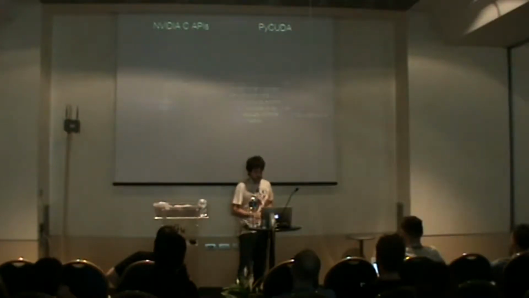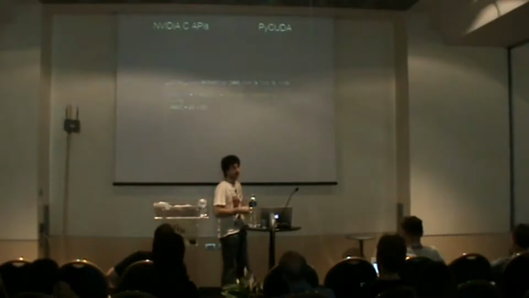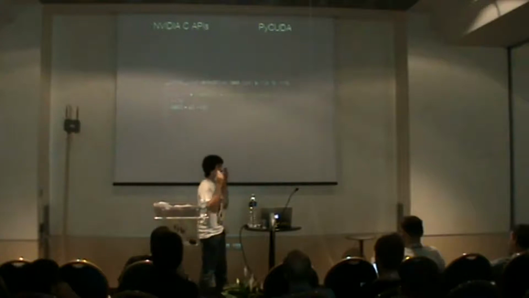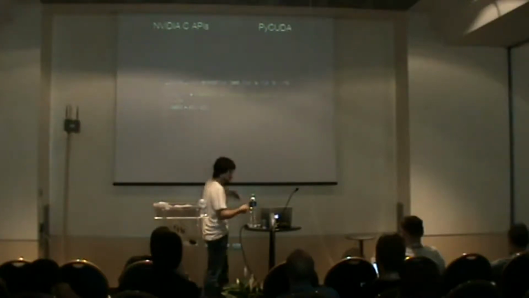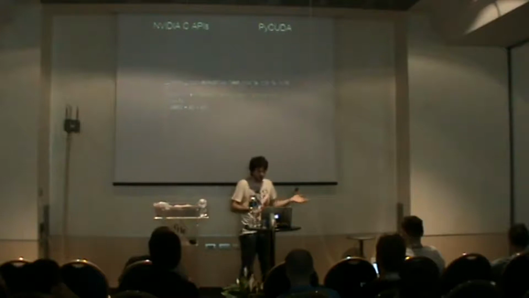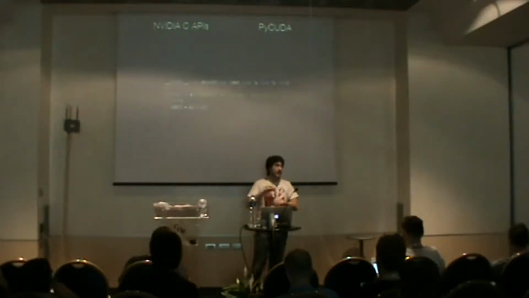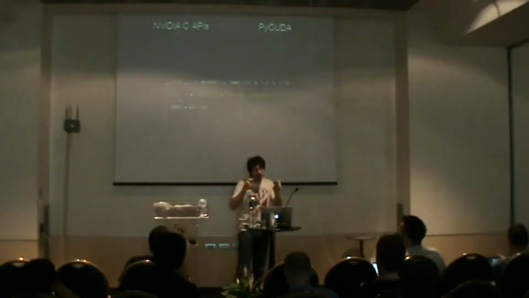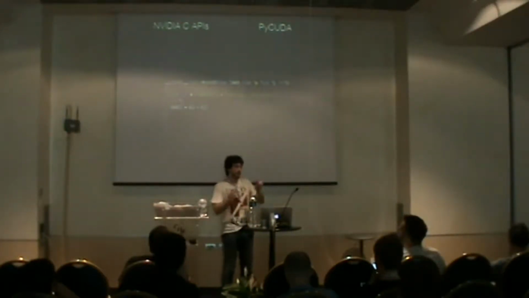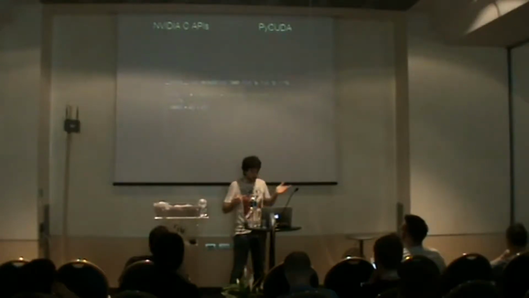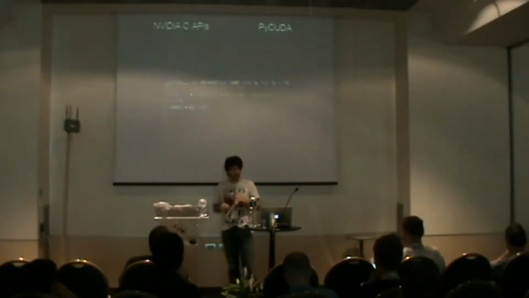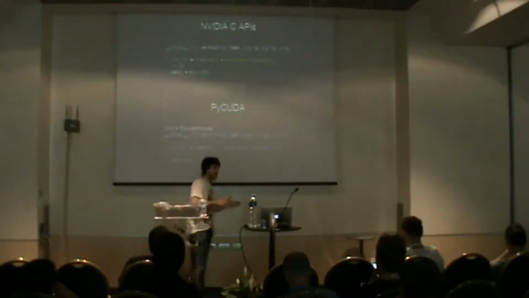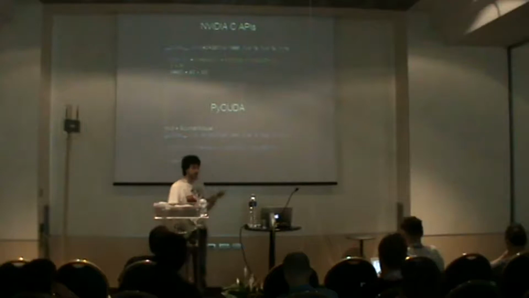In the next slide, we see our kernel. This is the function that will be executed on the device, and it's extremely simple. It does what I described before. It just takes the thread ID we are in, sums the corresponding two elements of the vectors, and puts the result in the resulting vector. One beautiful thing about PyCUDA is that this function is exactly the same in the Nvidia C API program and in the PyCUDA program.